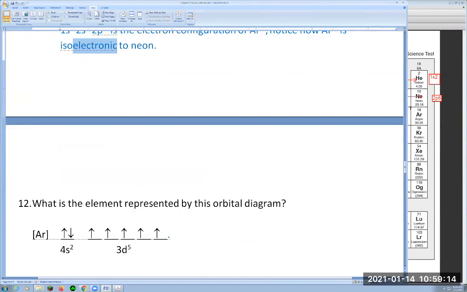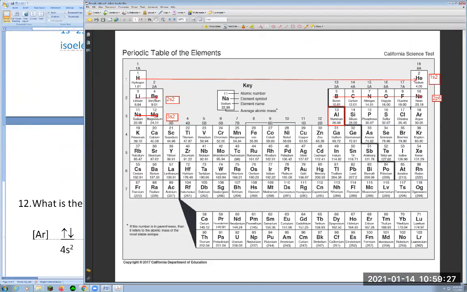Question 12. What is the element represented by this orbital diagram? Okay, so we have argon in brackets. Argon here represents all the electrons up to 18, because argon is atomic number 18. So argon here represents the first 18 electrons.